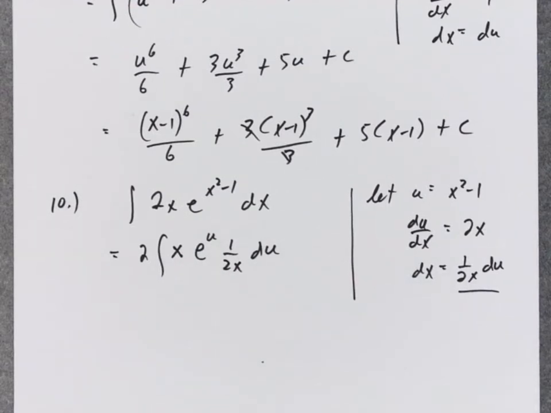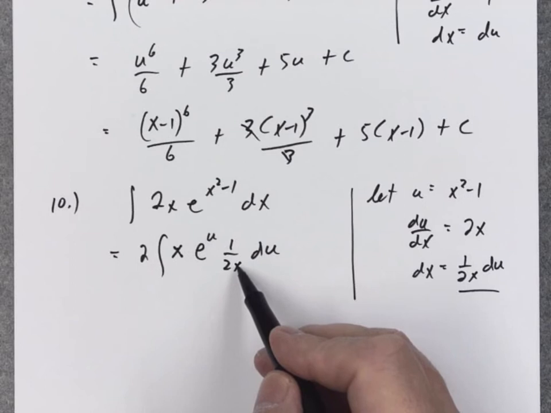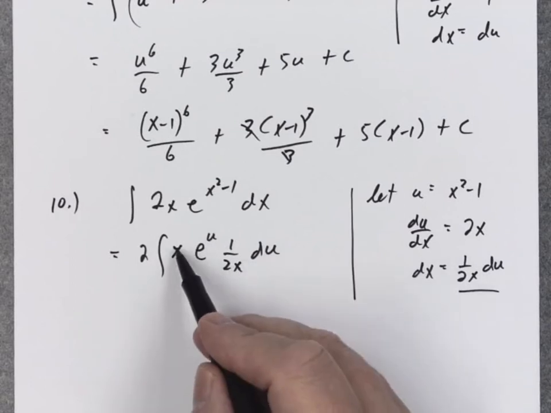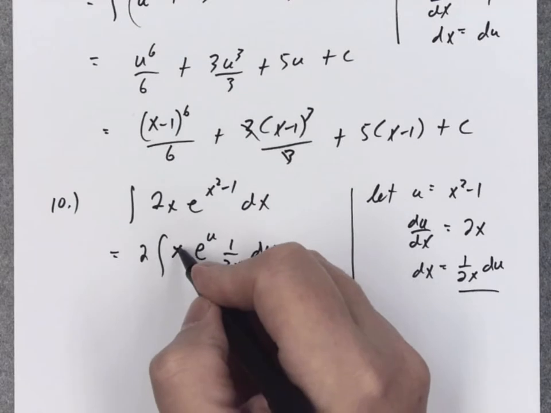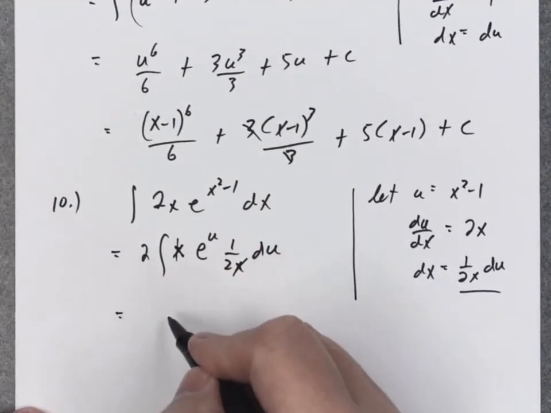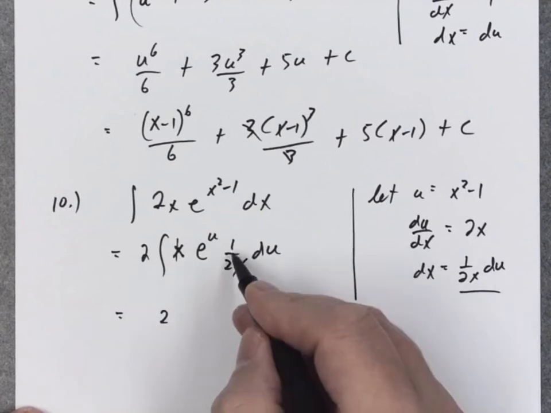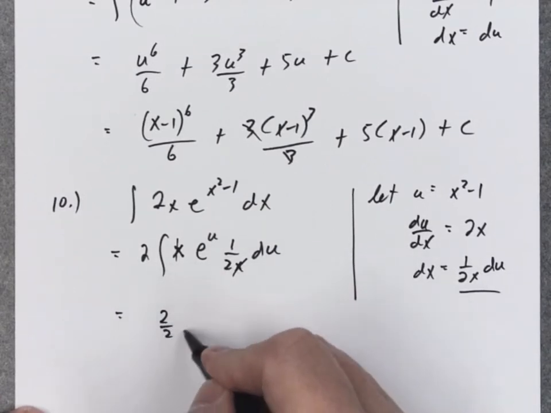But then you look, and hopefully the light switches on, and you say, well, I've got this x here, and I've got this x here, but this is in the top, and this is in the bottom, and you know what happens? They actually cancel out. And maybe I'll even bring this 1/2 out front.